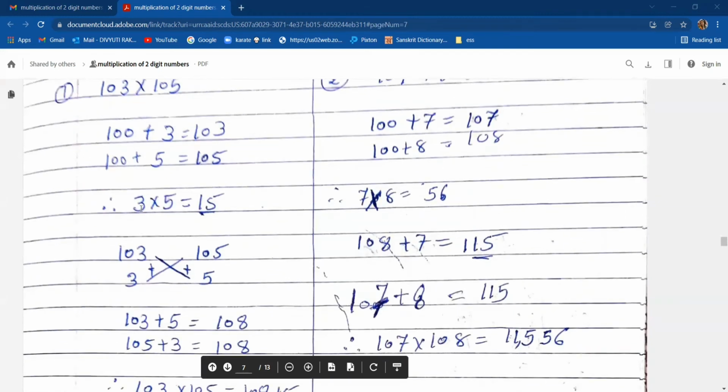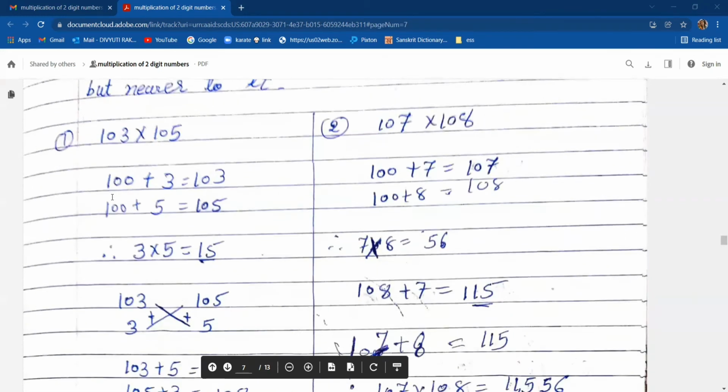Then in the previous method, you were doing this cross subtraction, but here you will add this remainder, means you will add this 5 to the first number, or you can add this 3 to 105.